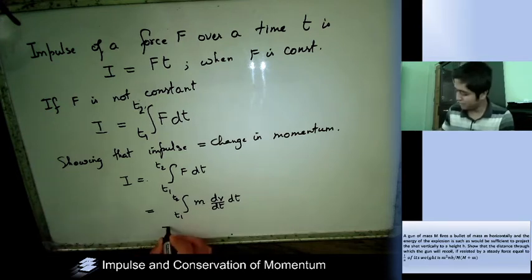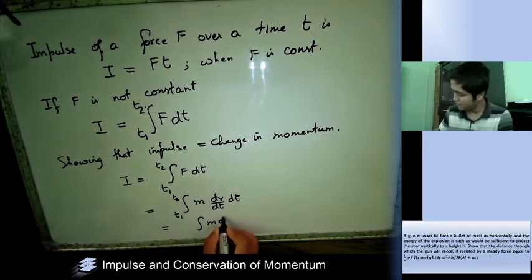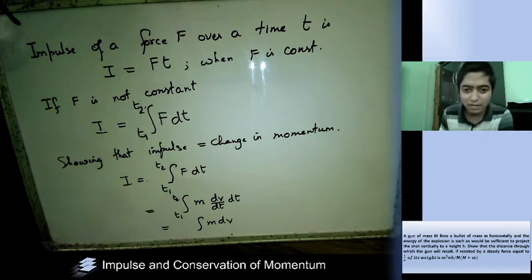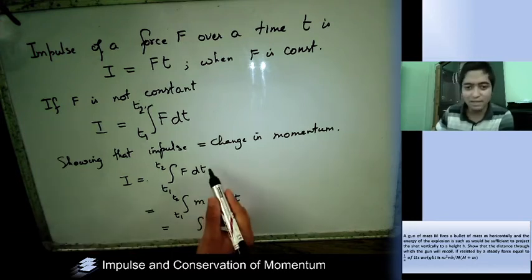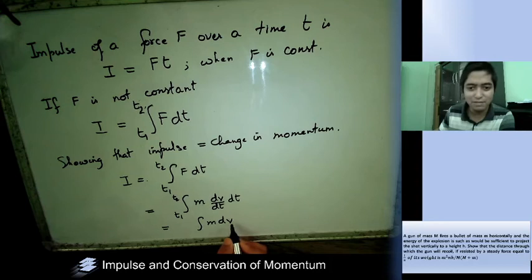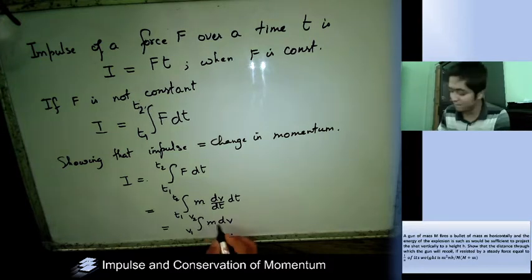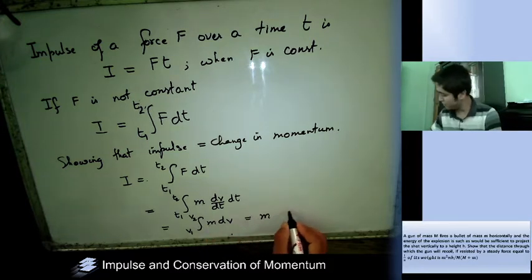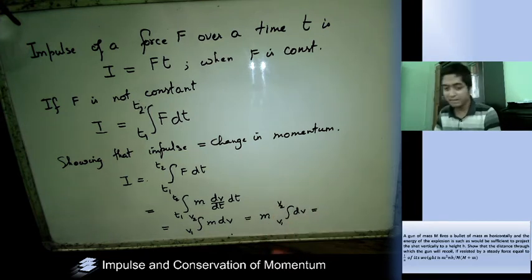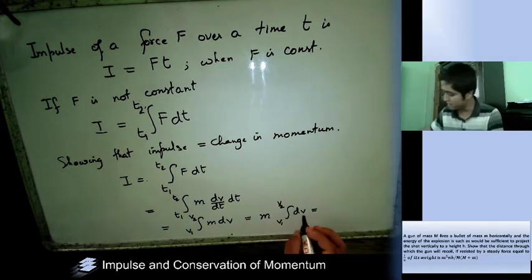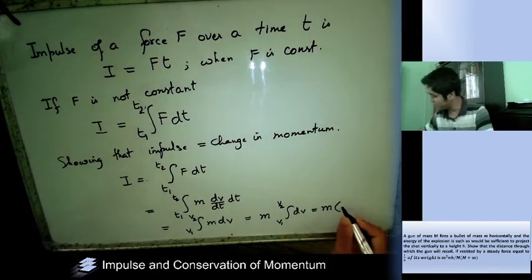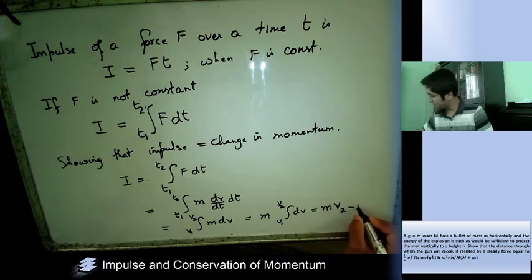So over here what we will be getting is m dv. Since these are limits for time but now we want limits with respect to v, we will write v1 to v2. The mass is constant, so we get m ∫ dv from v1 to v2. Integrating, you get v, the velocity, so you have m v2 minus m v1.